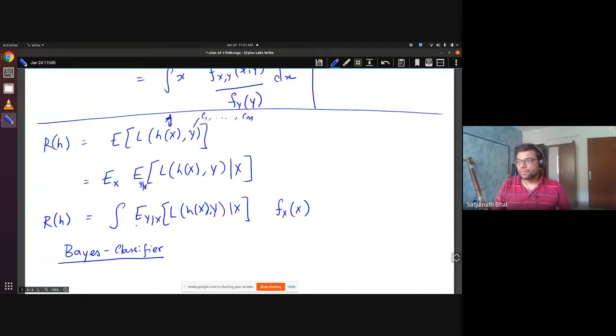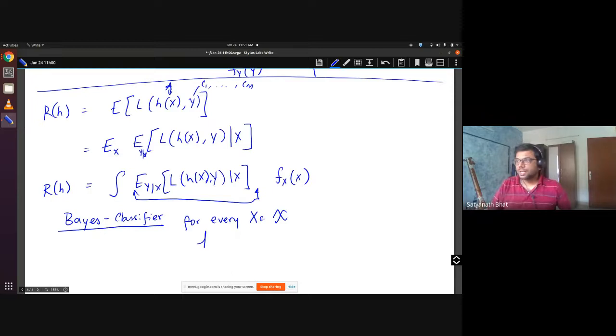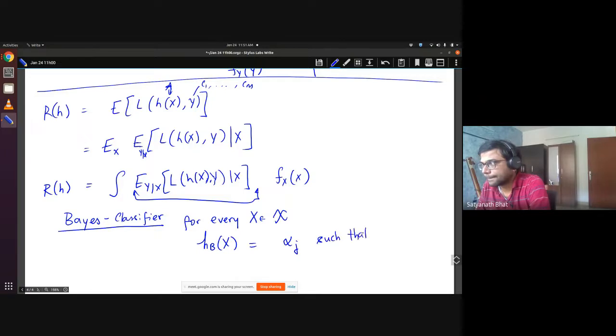What the Bayes classifier does is that for every x belonging to my feature space X, it will choose h_B of x to be equal to some action alpha j, such that alpha j is the argmin of this expression.